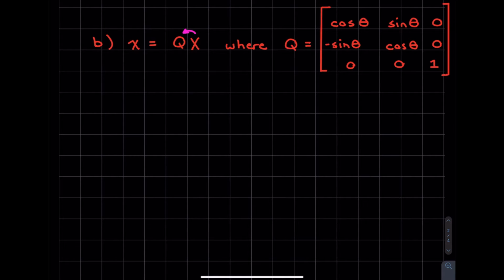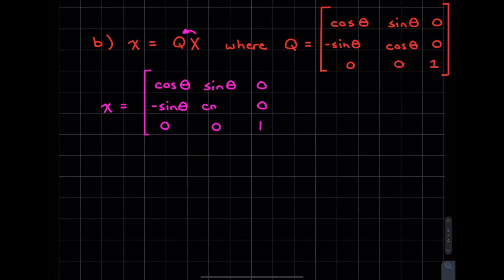So if I go x is equal to Qx, then all I'm doing is taking that rotation matrix, which I'm going to write as cosine of theta, sine of theta, 0, negative sine of theta, cosine of theta, 0, 0, 0, 1. I know you guys get so bored of watching me write this all the time.